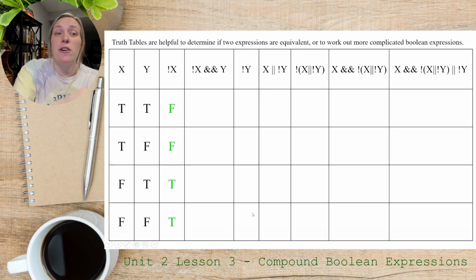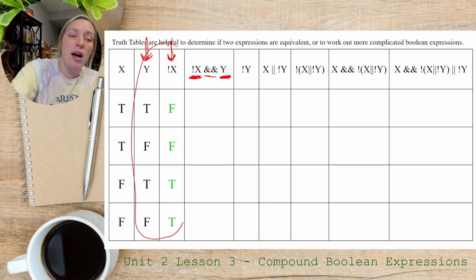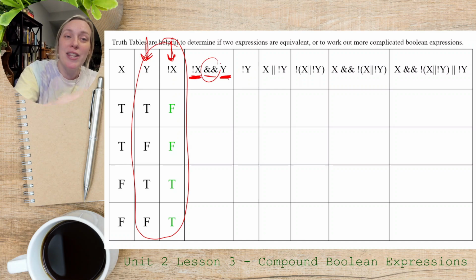Now let's take it a step further. Let's look at not X and Y. Okay. Now when I use this, I start with the columns you already have of these two values. So not X is right here, and then Y is right here. So I'm going to use these two columns and compare them with an and.